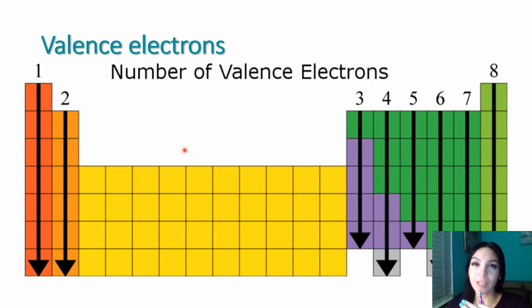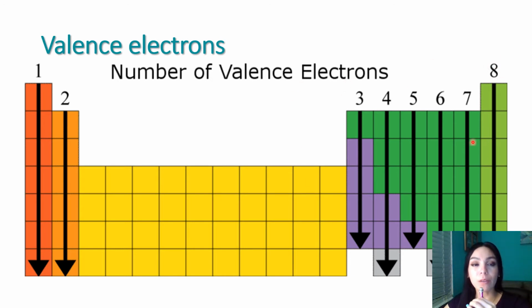How do we determine valence electrons? This is something students get lost on a lot of times, but it's very simple. All you have to do is look at the periodic table. Ignore the transition metals. They're very unpredictable. You don't have to look at those. But for main group elements, and remember main group elements are the first 2 groups, which are alkali and alkaline earth, and then everything else beyond that in the p block.